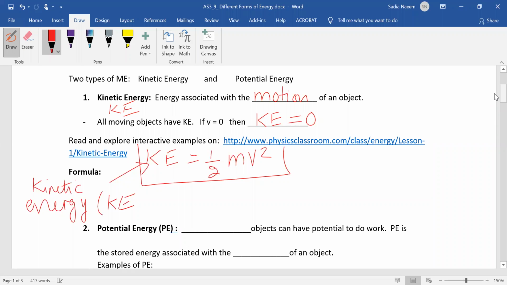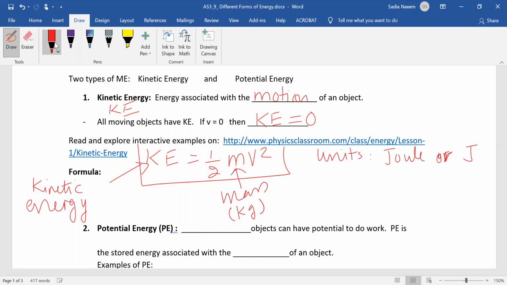So KE, I'm sorry, I meant to put units here. I'm going to put the units in parentheses on the side here. The unit for KE is the joule, the same as work, or J. You get joules if mass, m, is in kilograms and the speed, v, is in meters per second.